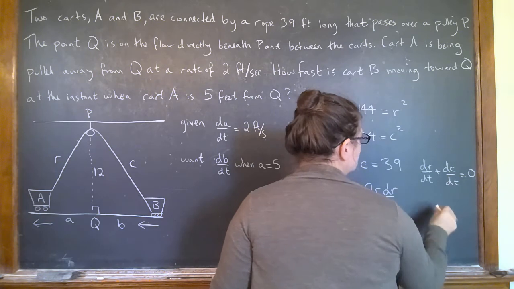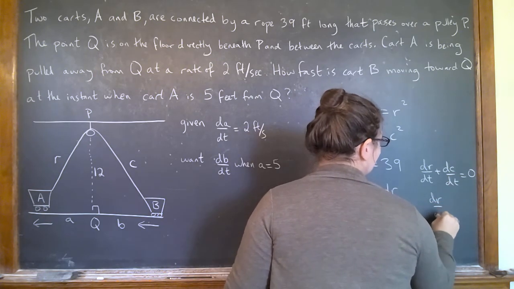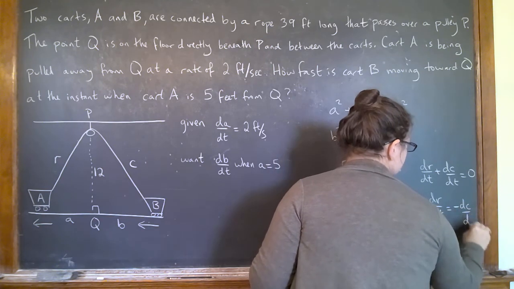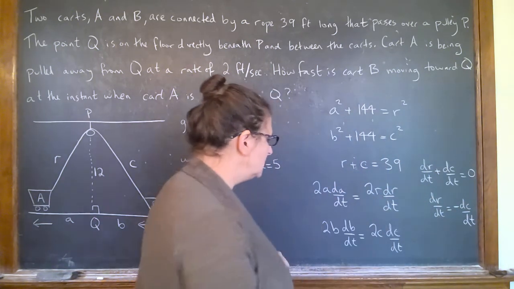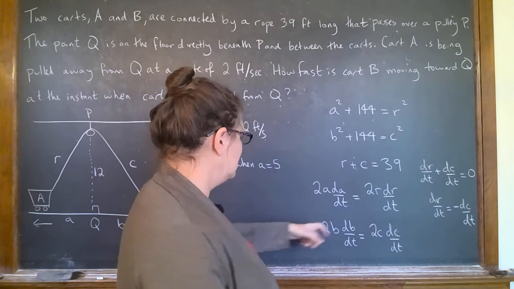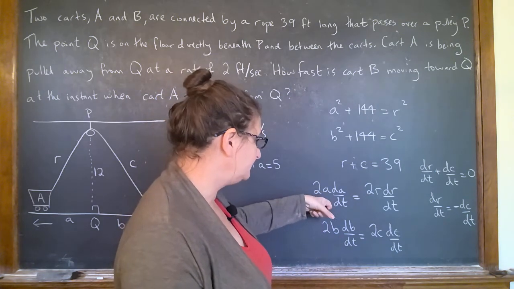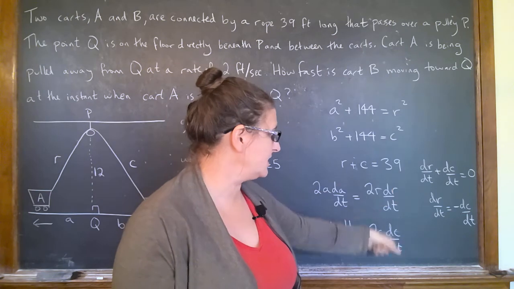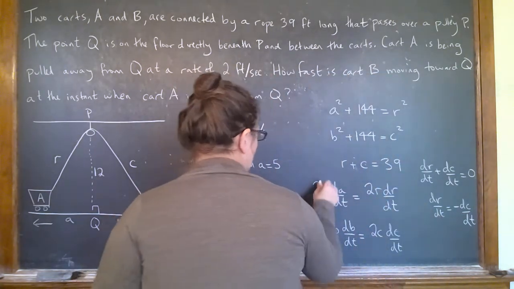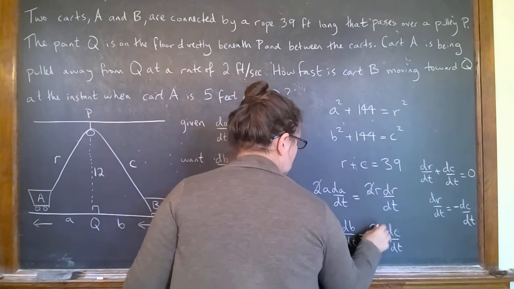So at least I can eliminate some stuff here. What I want is this in terms of that, and I've got this other stuff here, but I also have a relationship between these two. So let's see. First of all, I can get rid of all these 2's.